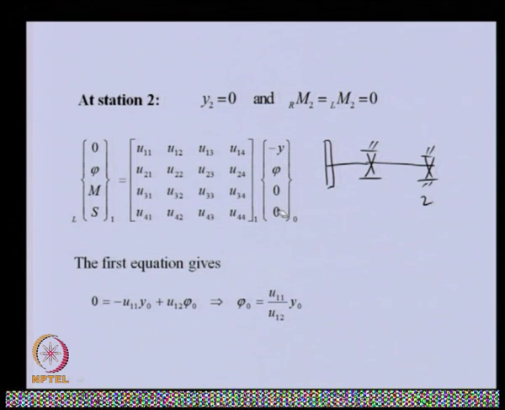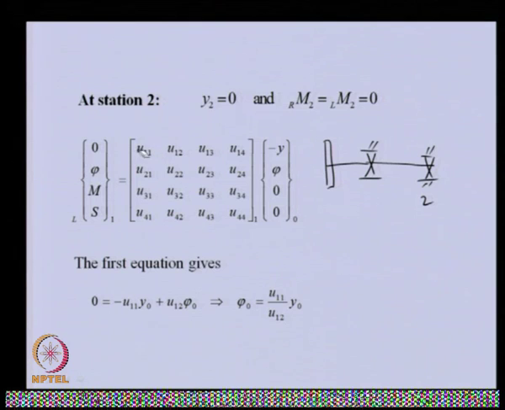If we expand the first equation, we get 0 is equal to minus u11 into y0, because that belongs to station 0, u12 into phi x naught, because this belongs to station 0, is equal to 0, because the other two terms get multiplied by zeros and they will not contribute to the first equation.